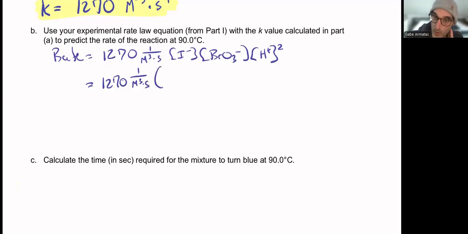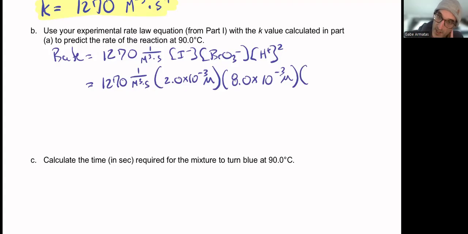My iodide was 2.0 times 10 to the -3 molar for reaction one, right? For part one. Bromate was 8 times 10 to the -3 molar. And then finally, 2.0 times 10 to the -2 molar squared.